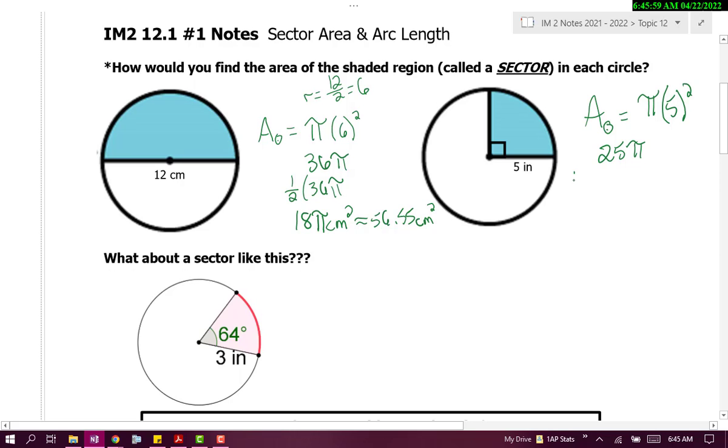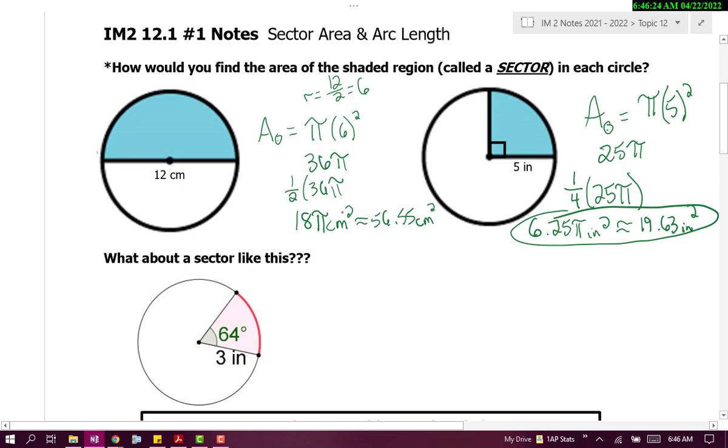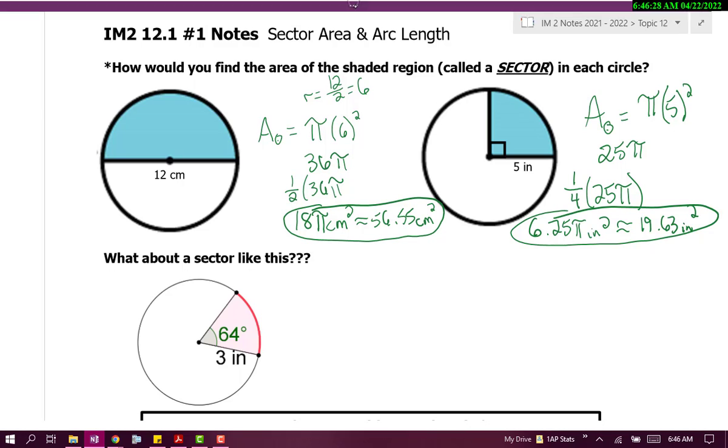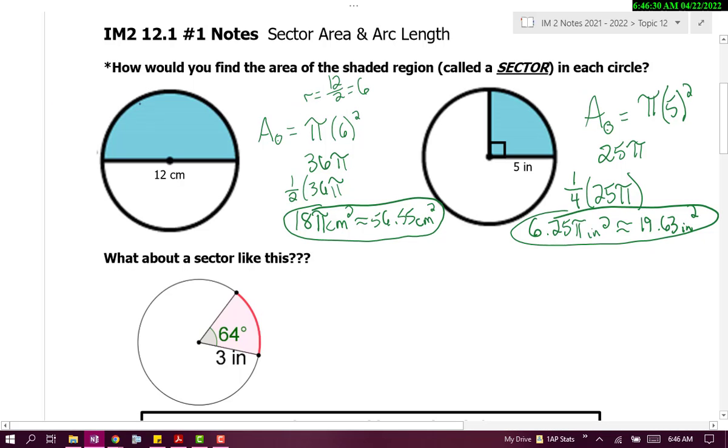So it is 1/4 of the total area that we got of the circle. So the exact answer is 6.25 pi inches squared. The decimal answer is about 19.63 inches squared. So these are kind of intuitive when you think about it.